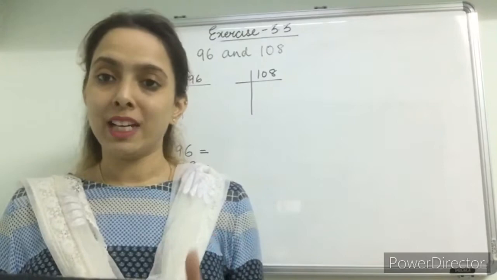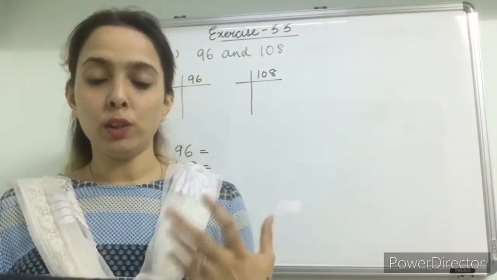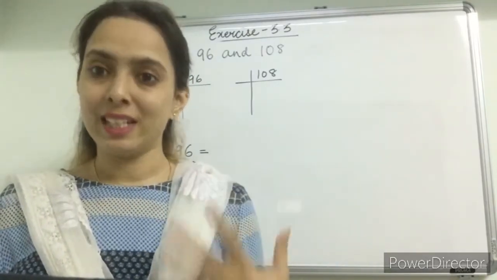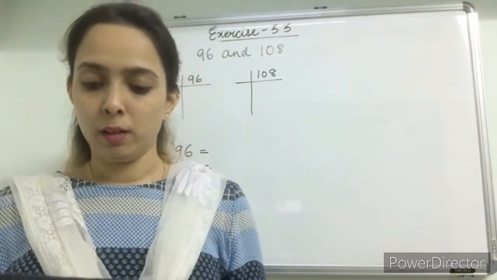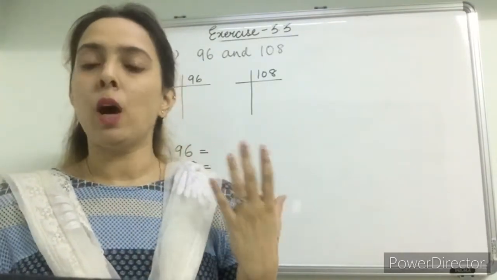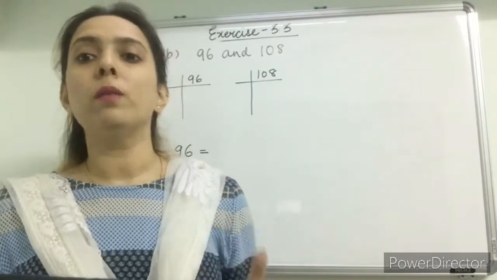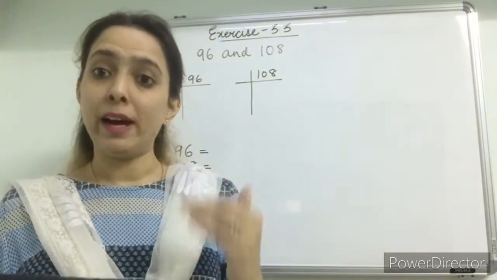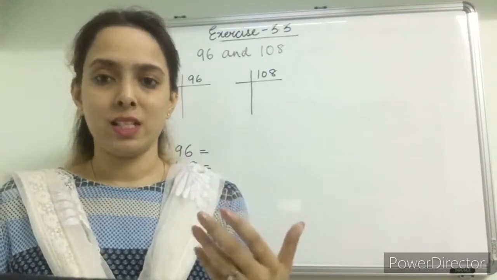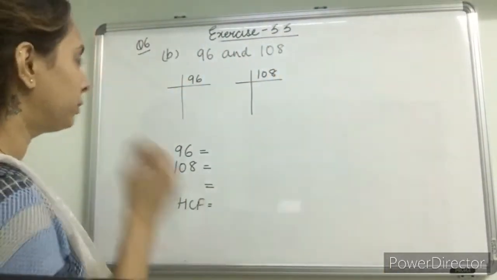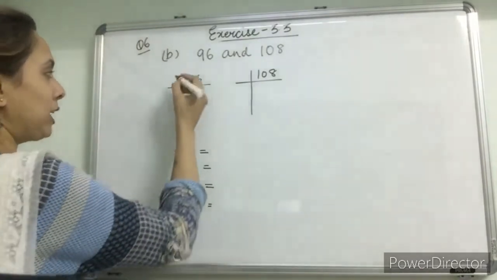Here I have already explained that we have to find the greatest number, which means we have to find the HCF which will divide both these numbers without leaving any remainder. So this question is on HCF. Find the greatest number. Greatest number means HCF. So we will use the prime factorization method. This is the easiest method.